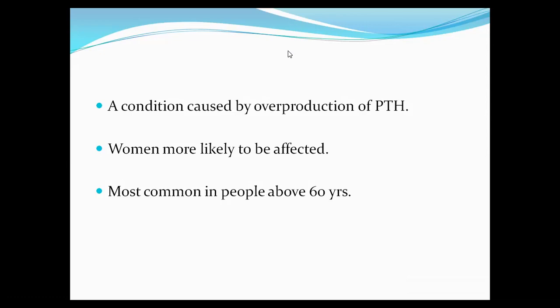So, normal parathyroid glands work like the thermostat in the home to keep blood calcium levels in a very tightly controlled range. When blood calcium level is too low, parathyroid hormone is released to bring the calcium level back up to normal.